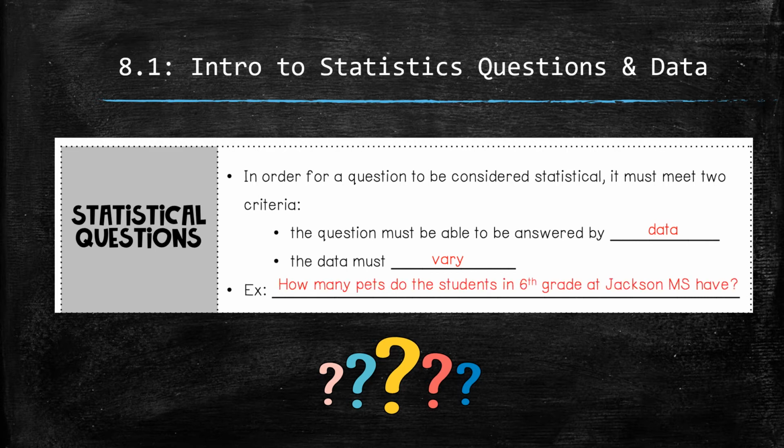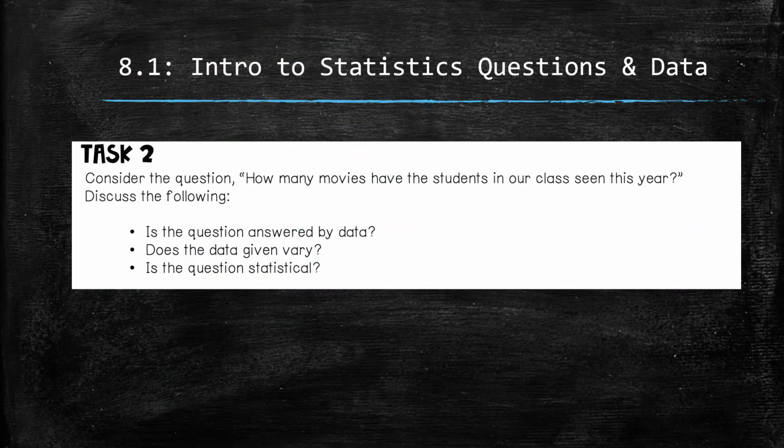An example could be, how many pets do the students in 6th grade at Miss Jackson Middle School have? How many movies have the students in our class seen this year? We're going to consider if this is a statistical question or not. It has to meet the two criteria. The first criteria is the data.